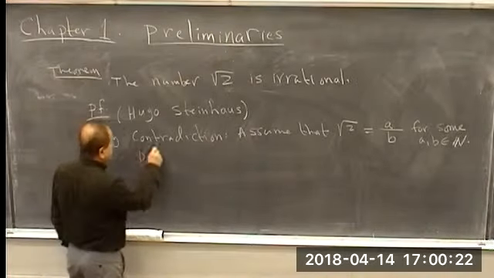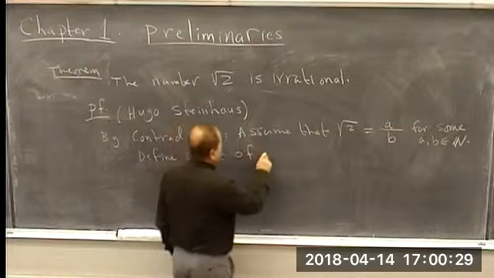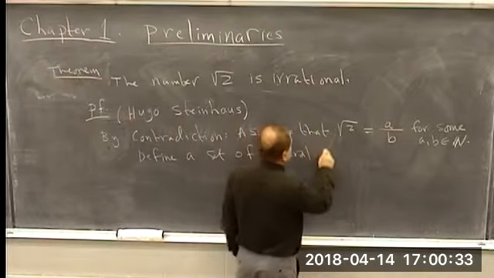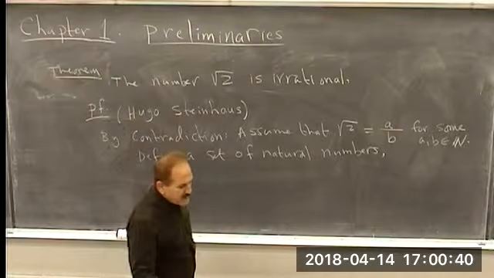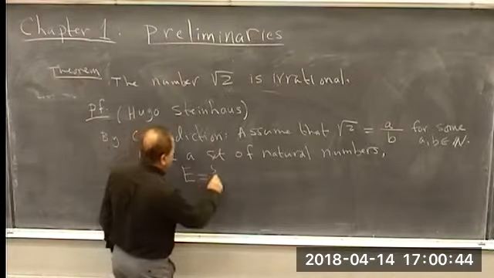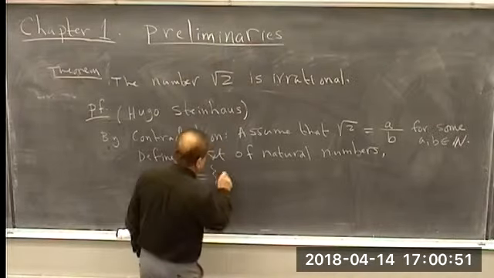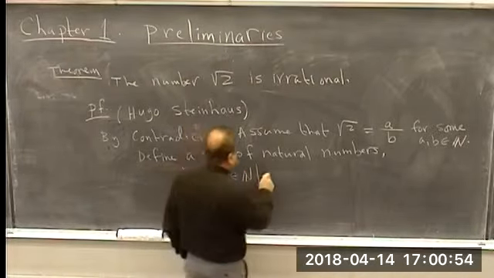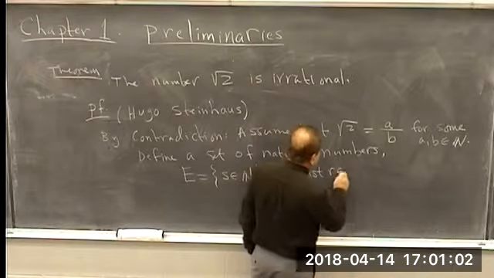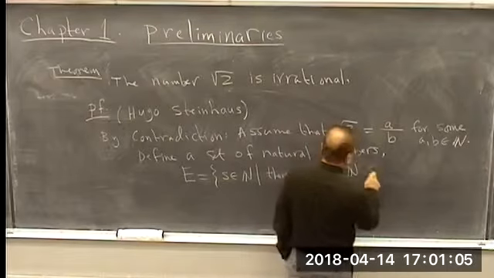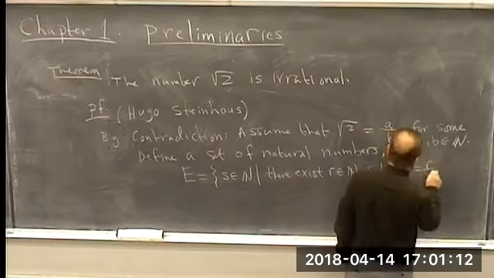We're going to define a set of natural numbers, which I want to call E. This consists of natural numbers s such that there exists r, natural, such that the square root of 2 is equal to r over s.